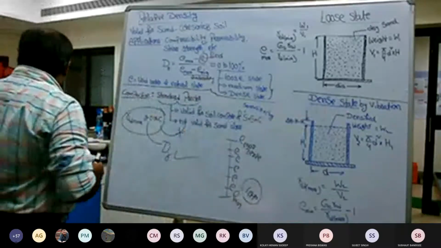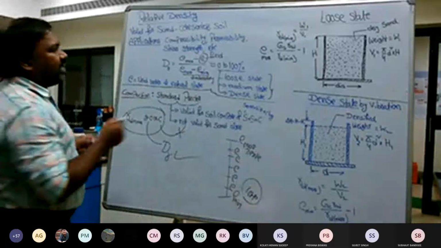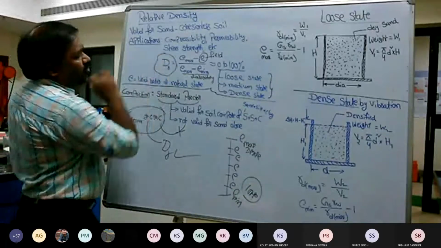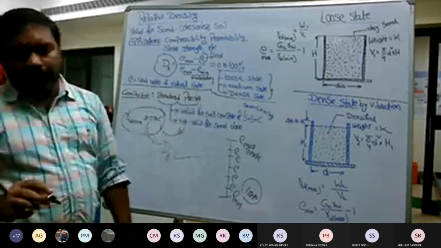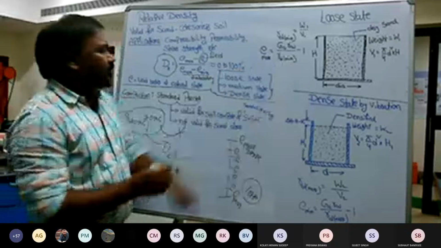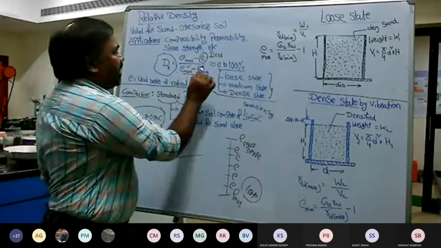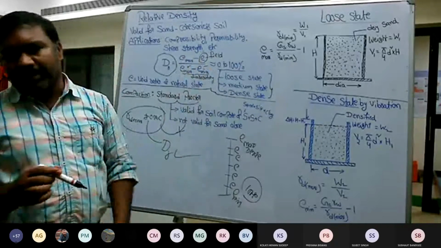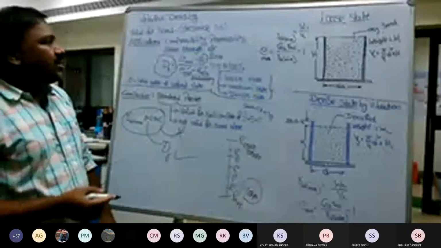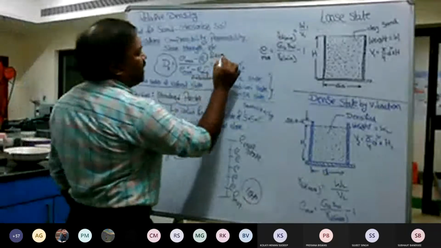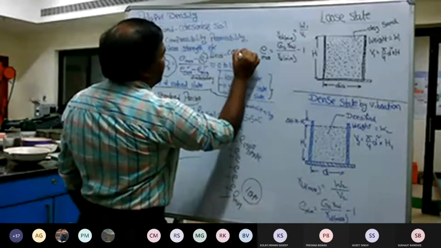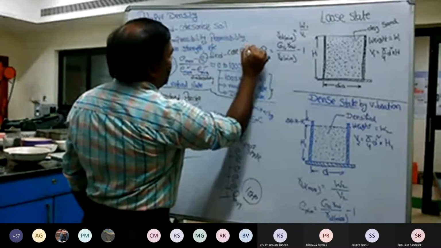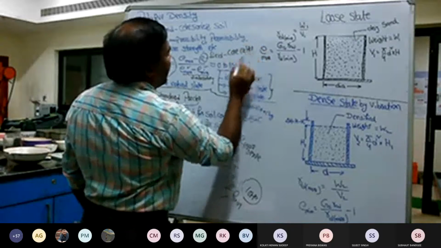Now how do you calculate the DR value, that is the relative density value? For this purpose, you have to bring the soil sample and repeat the steps of determining the e max and e minimum. And there is something called the core cutter method or sand replacement method.